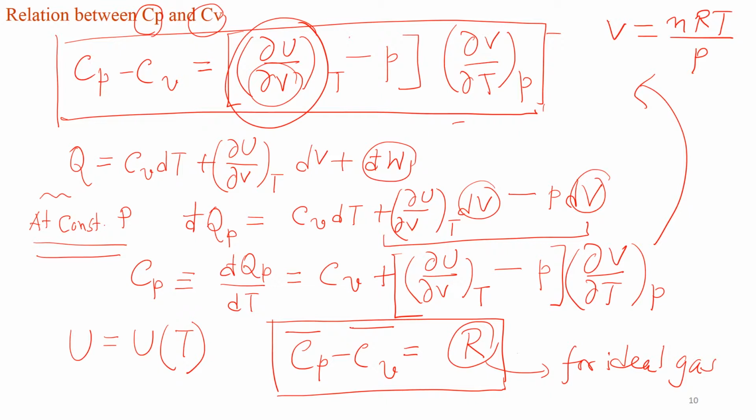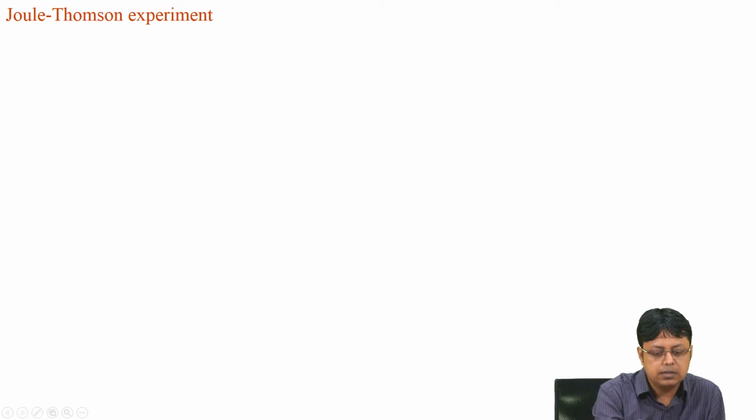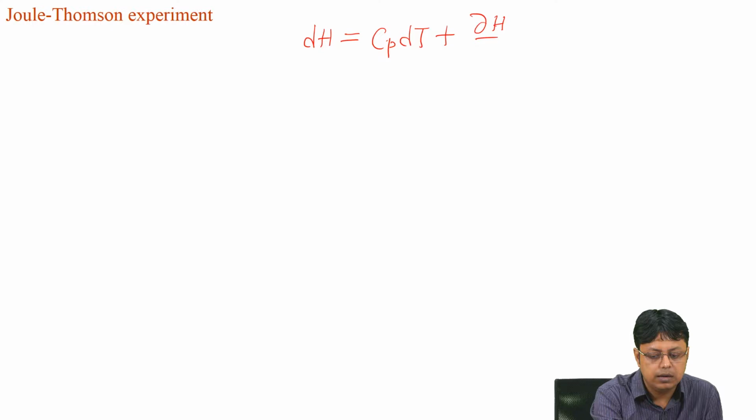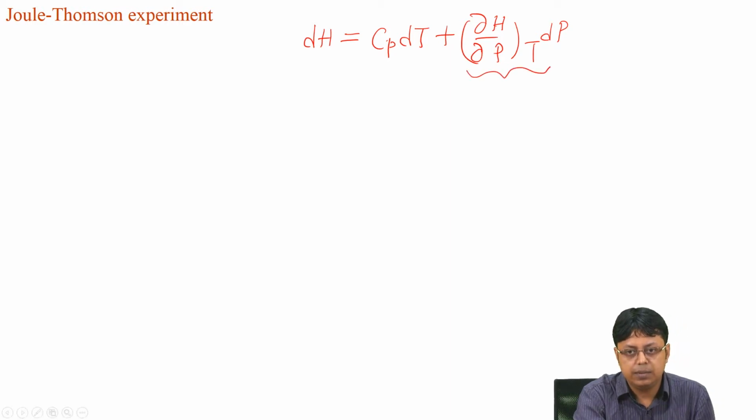Now, let us discuss what happens if we do a change of the system at constant pressure. We already discussed that we got a relation that the total derivative for the enthalpy is nothing but Cp dT plus (∂H/∂P)_T dP, and we are left with the task how to measure this (∂H/∂P)_T.